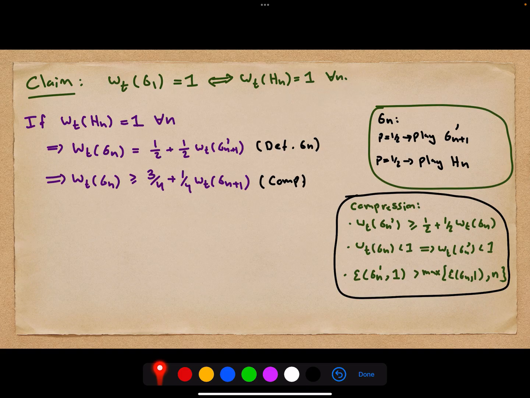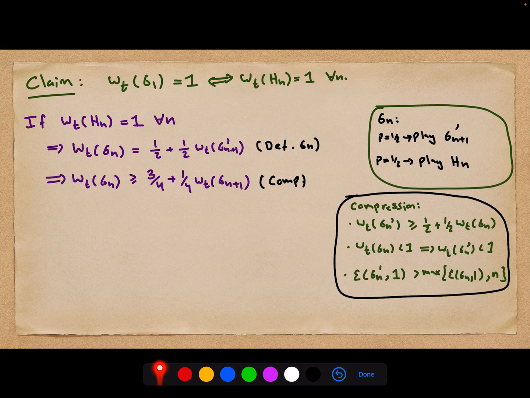Now we use the first guarantee from our compression result to lower bound the value of the n+1 compressed game by the value of the n+1 game, and therefore lower bound the nth game's value by 3/4 plus 1/4 times the value of the n+1 game.